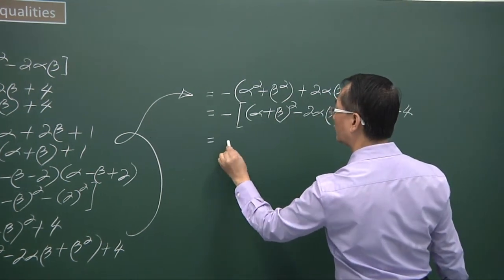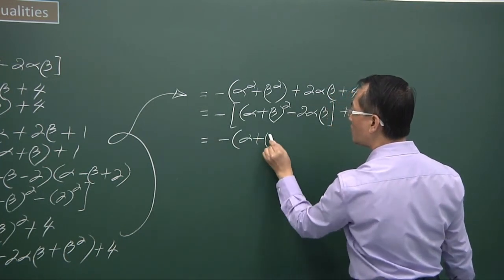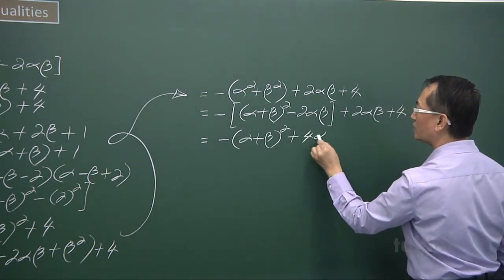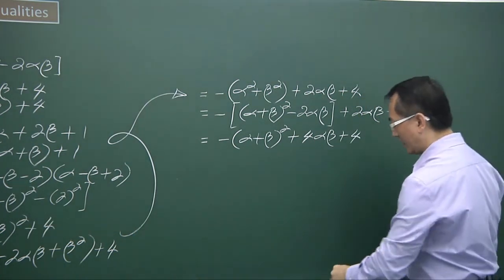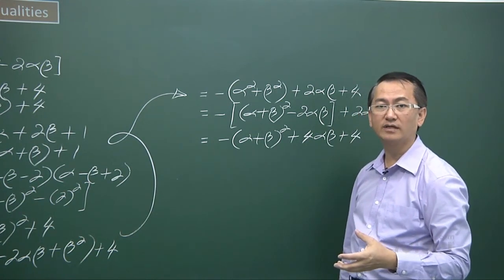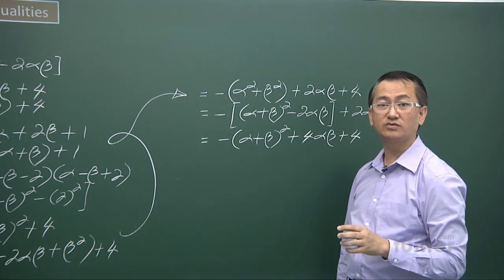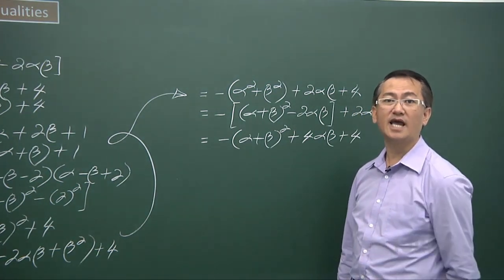So the final expression would be minus the sum of two roots squared plus 4 times the product of two roots plus 4. As you can see, this will greatly aid in our problem solving because we have been able to reduce the expression to just the sum of two roots and the product of two roots. This is the end of the video.